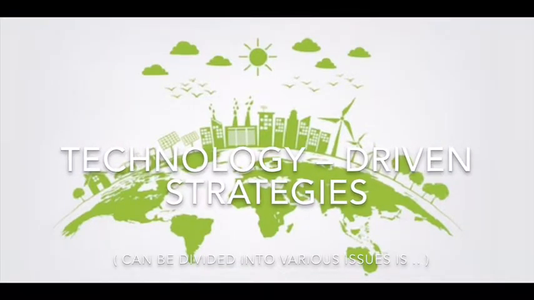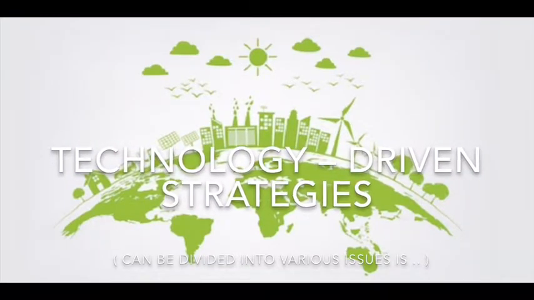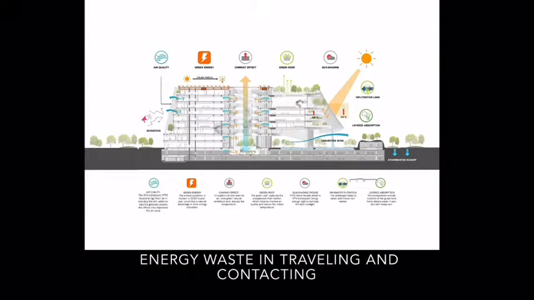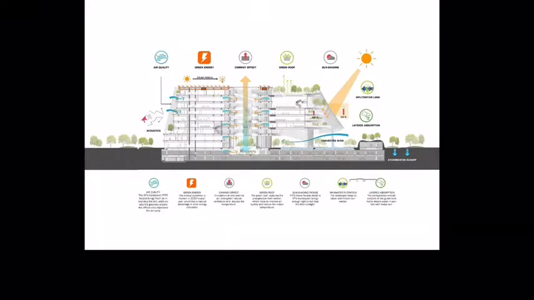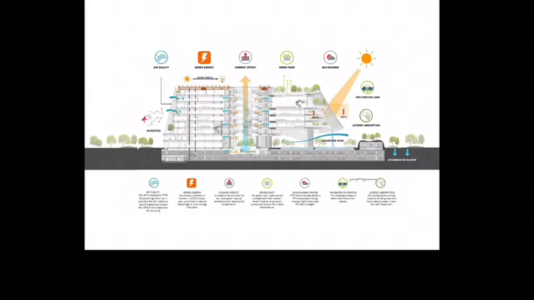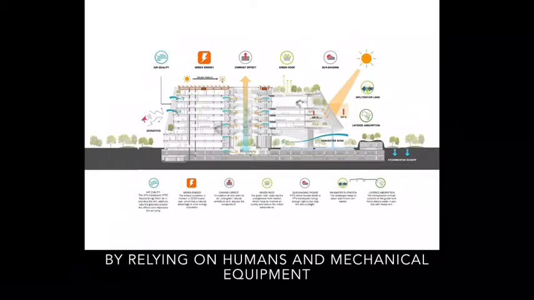Technology-driven strategy can be divided into various issues: location selection for utility benefits, as well as reducing energy waste in traveling and contacting. Appropriate lighting control for buildings by relying on human and mechanical equipment.